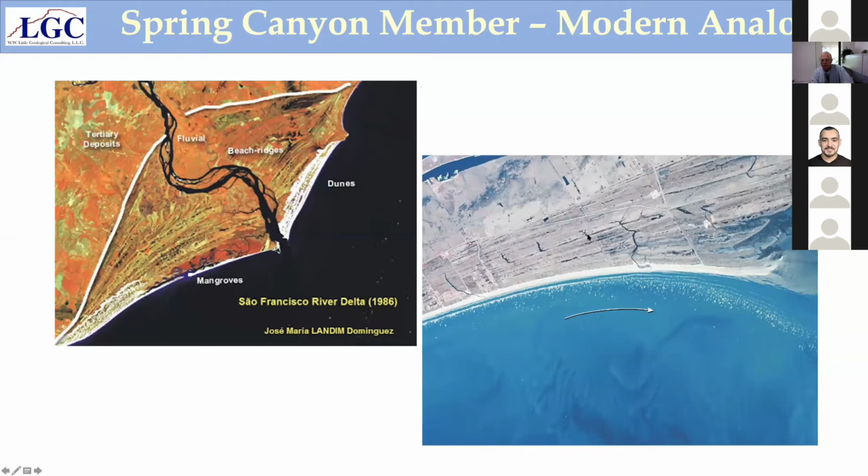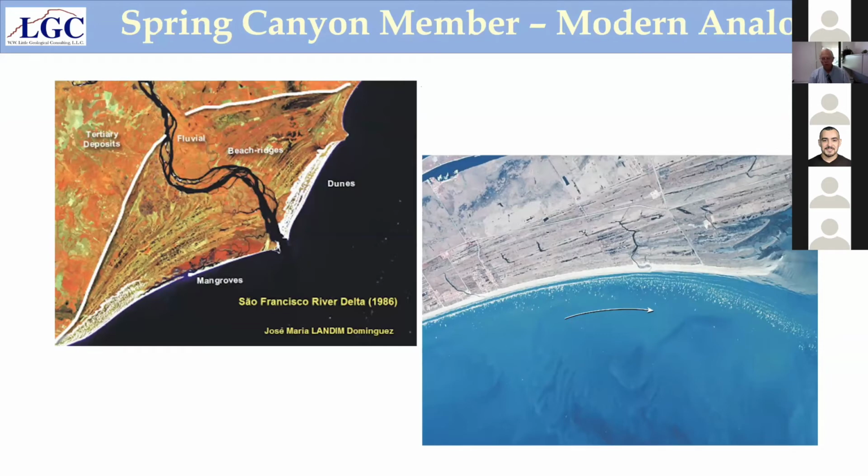So each one of these ridges represents a basinward migration of the beach. And so if I were able to dig a trench here or to take a core right here, I would probably see a succession of facies that is very much like that I just showed for the Spring Canyon member of the Blackhawk Formation.